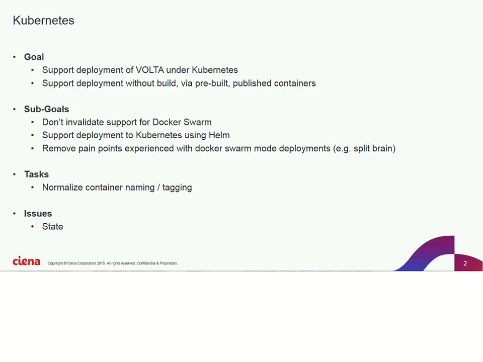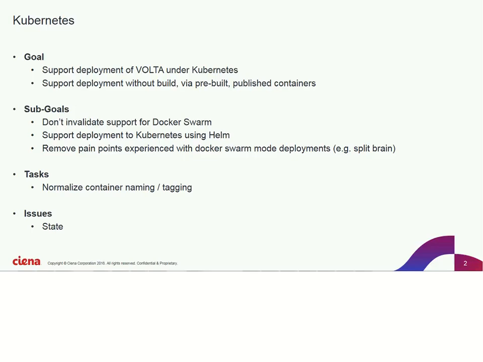The read-write containers are a little trickier. They do maintain some state, so that's why our proposal is that there's a primary and a backup of each one of those. And the reason they're stateful is because we've done load balancing across them, so not all OLTs are in every container. The OLTs are spread amongst all these containers.